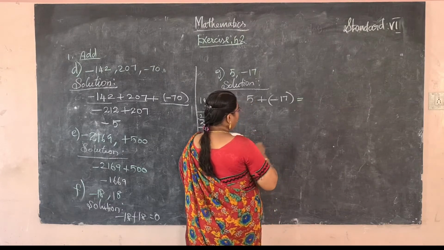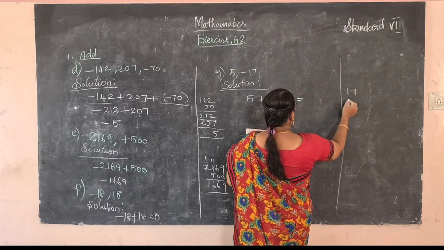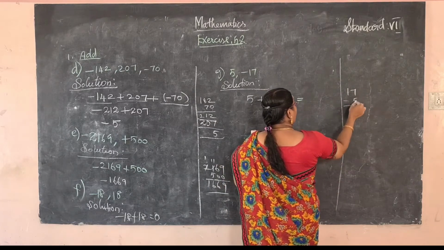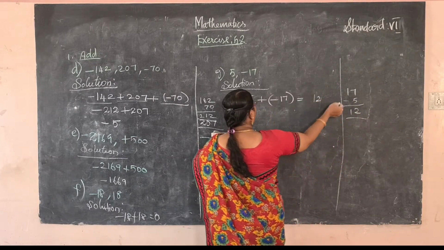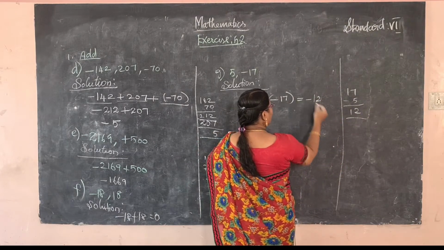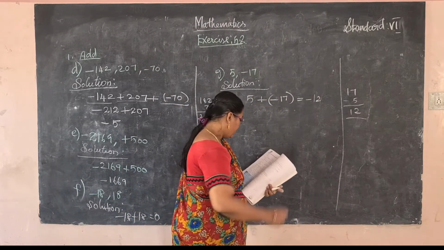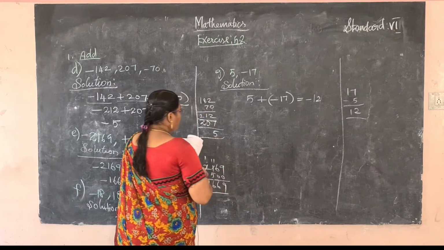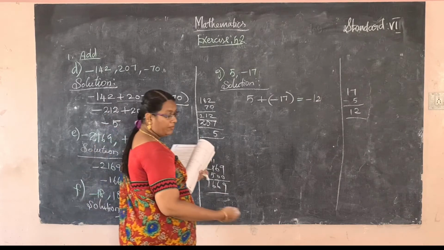Subtract, what do we get? 17 minus 5 is 12. The greater number's sign is negative. So minus 12. That's it. Now move to the second problem. These are all worked in the rough work area.